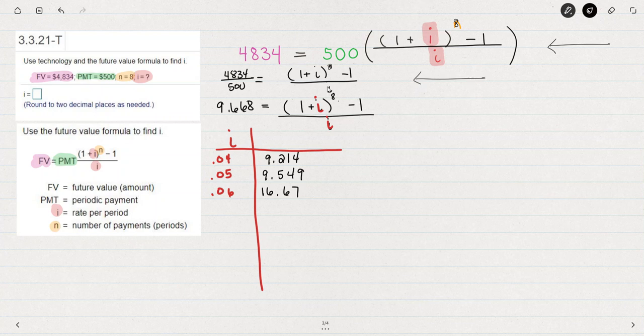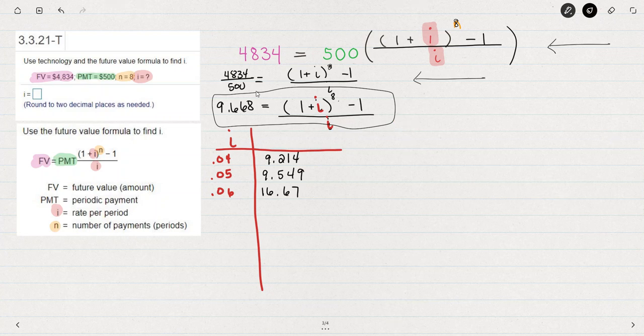Now from here, we could use a guess and check process with our scientific calculator. Again, with other technology, you could get a graph and get a more precise answer without guess and check, but this guess and check method is quite efficient. It's not that much of a challenge to do this.